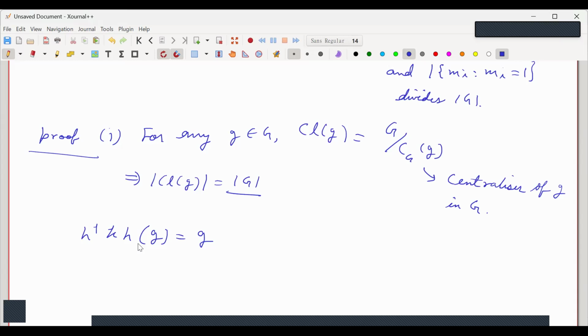For example, in Sn, any subgroup generated by an element is abelian, it's cyclic, but Sn has just one normal subgroup, An, right?